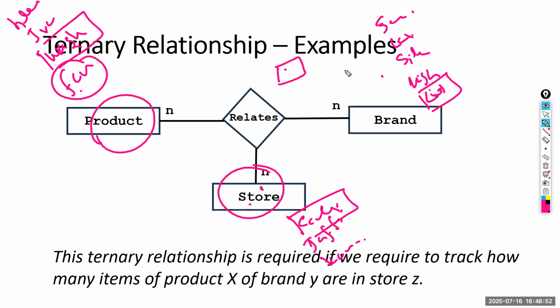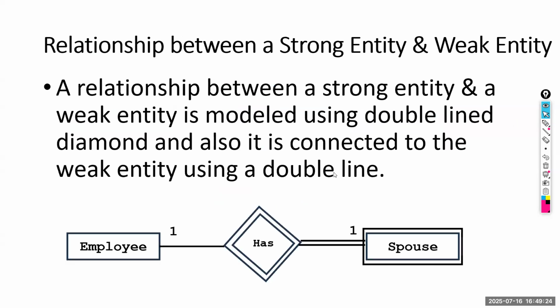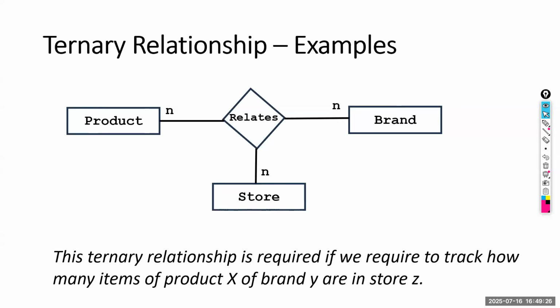So therefore you need a ternary relationship. It's not two binary relationships. Right. So just think about it. I just gave you a start. When you do challenging exercises, then you can see whether your answer is correct. So then you need to think why my answer is not correct. Maybe I thought of it in a different manner.